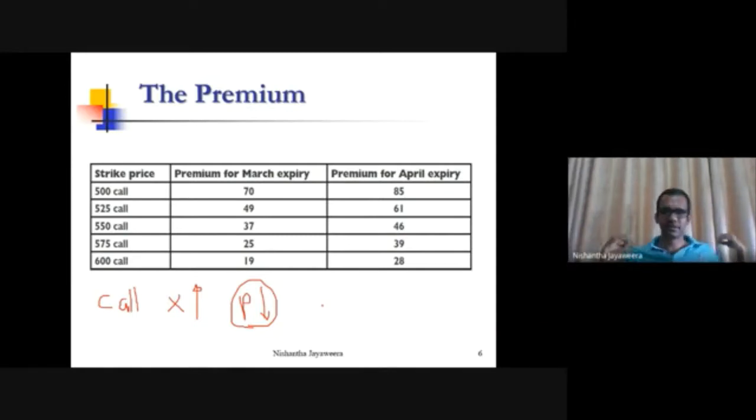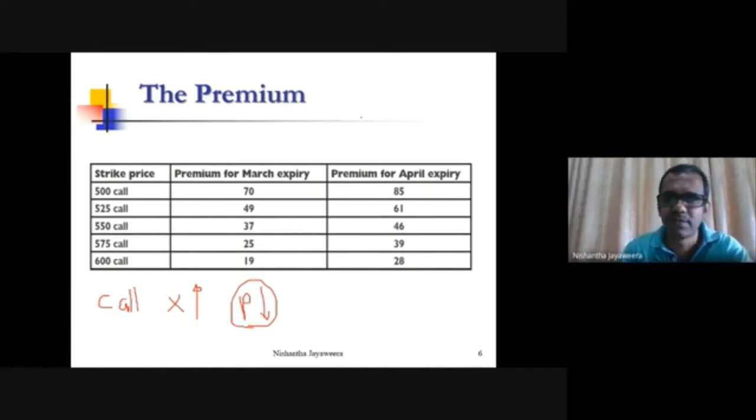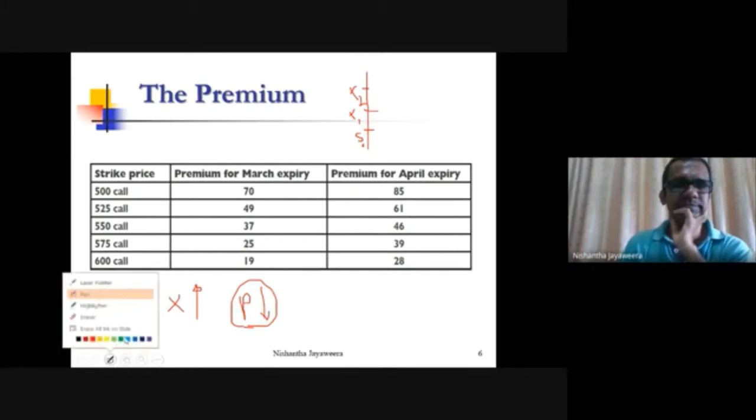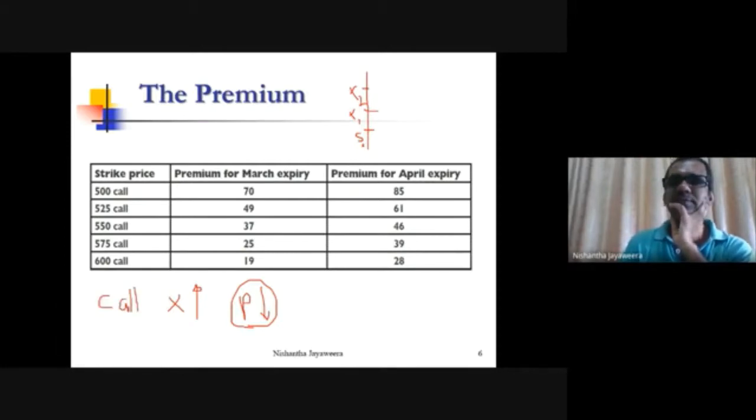Yes. So what would happen if I draw a line here? This is the current spot price, this is X1, this is X2, likewise. What would happen for a call option if the price goes above somewhere here?